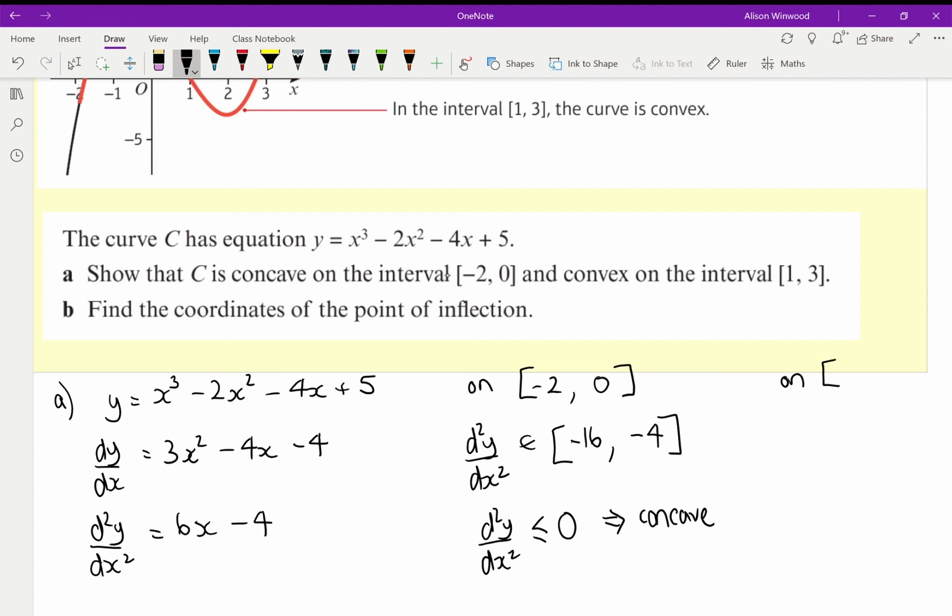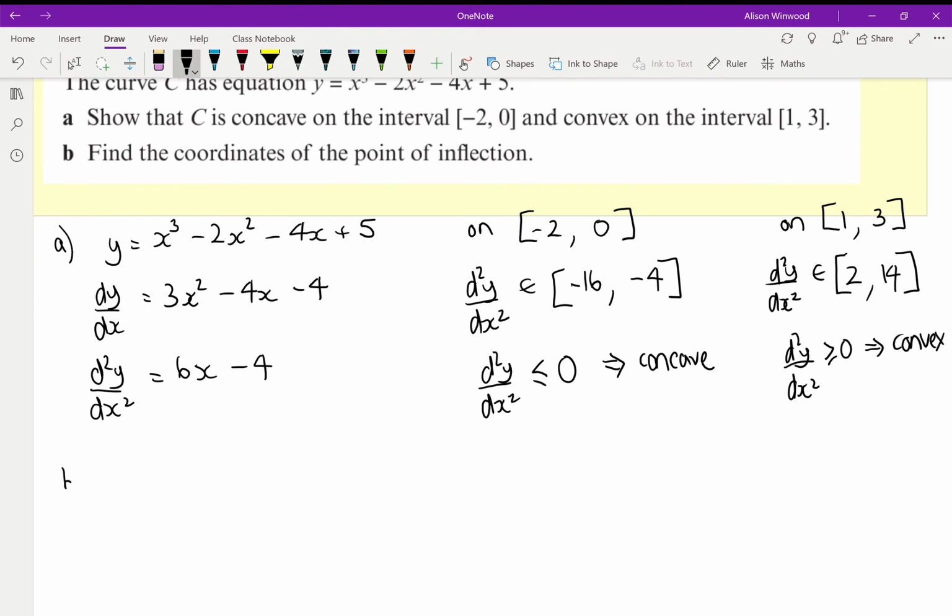Whereas if we look at the interval 1 to 3, substituting 1 we get 2, substituting 3 we get 14. So it's positive all the way through there, and therefore it's convex for all of that. Now obviously at some point it's swapped between being convex and concave, and we can find out where that is exactly. It's when this second derivative equals 0. So 6x subtract 4 equals 0.